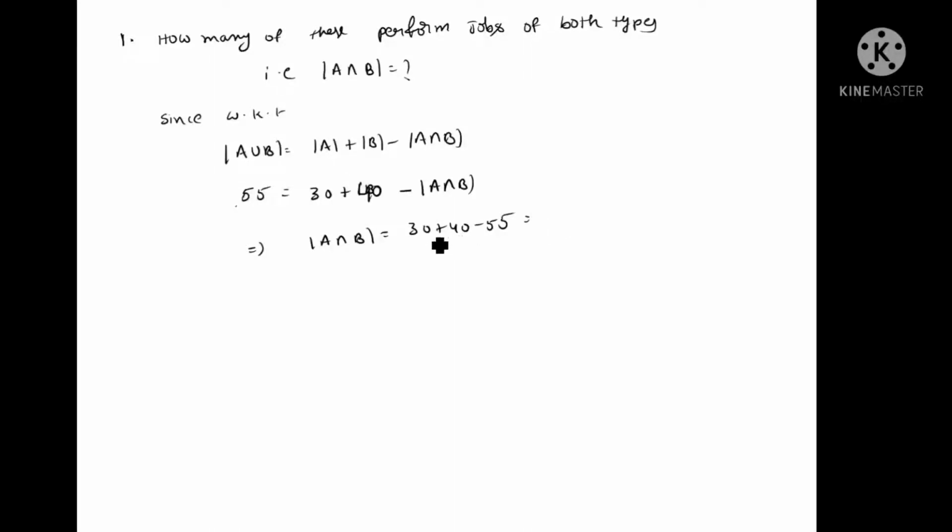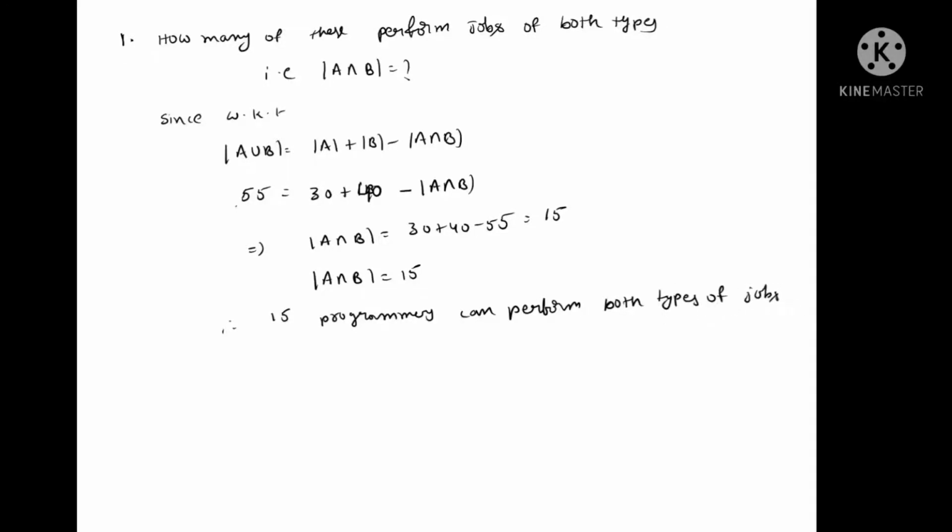So 70 minus 55, we get 15. So mod A intersection B equals 15. Therefore, 15 programmers can perform both types of jobs.